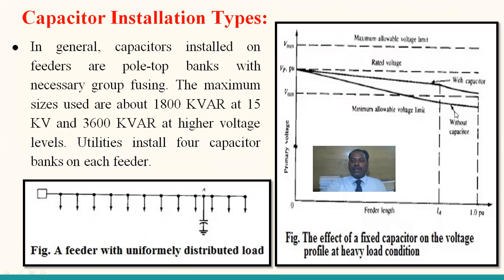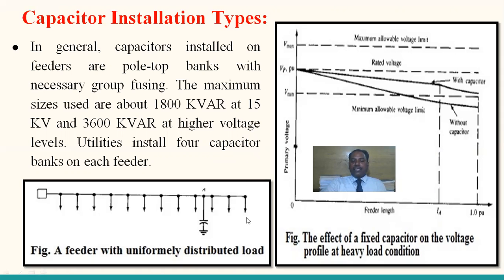So whenever you connect a capacitor at the load end, the voltage profile is brought within the permissible values of maximum as well as minimum allowable limits. So during the heavy load condition, the permanently connected capacitor will satisfy our operation so that the voltage profile lies between the maximum and minimum allowable voltage limits. There is no problem.